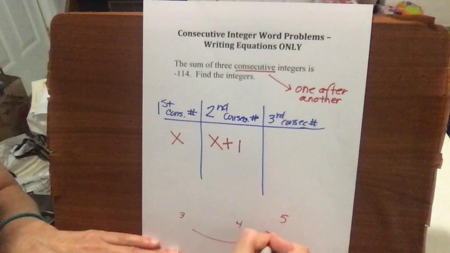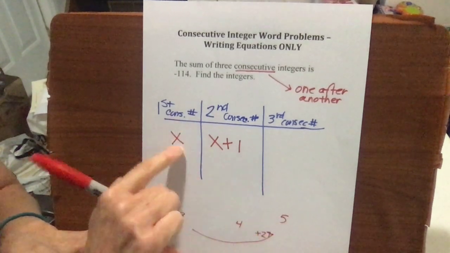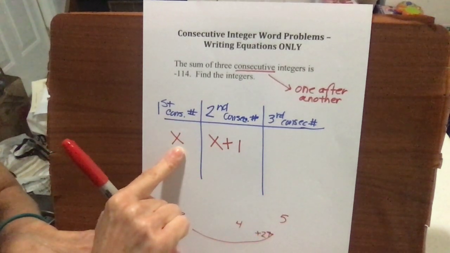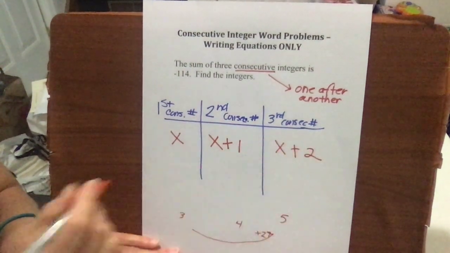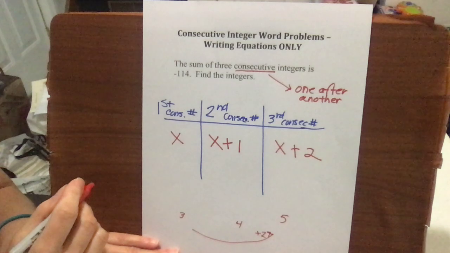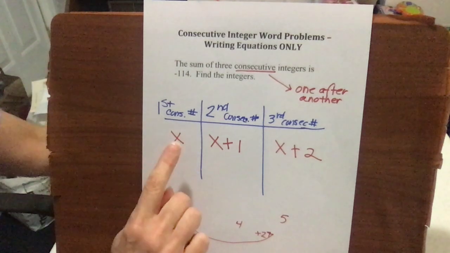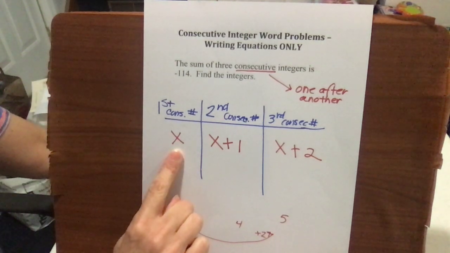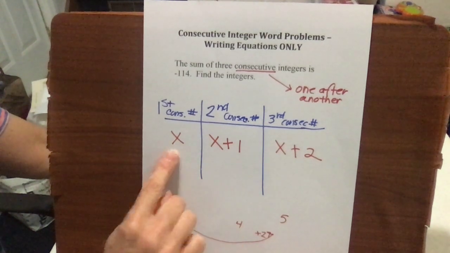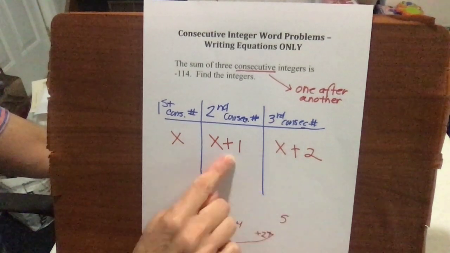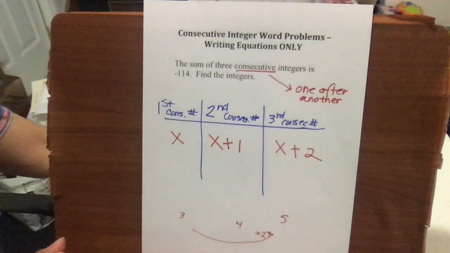I added 2. So since we're dealing with an unknown of x, this would be x plus 2. Or another way to look at it is x is always your first unknown integer. To get the next consecutive, you add 1 to x, and to get the one after that, you add 1 to the x plus 1, which gives you x plus 2.